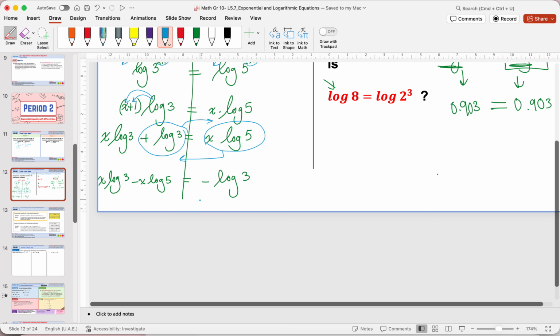Okay, now from here, what can I do? Can I actually subtract these? No, but you can do something nice. You can pull out the x as a common factor. So it's going to be x outside. Just take the x as a common factor, x outside, and then you open a bracket, and inside the bracket you put everything left, because you took the x from both logs.